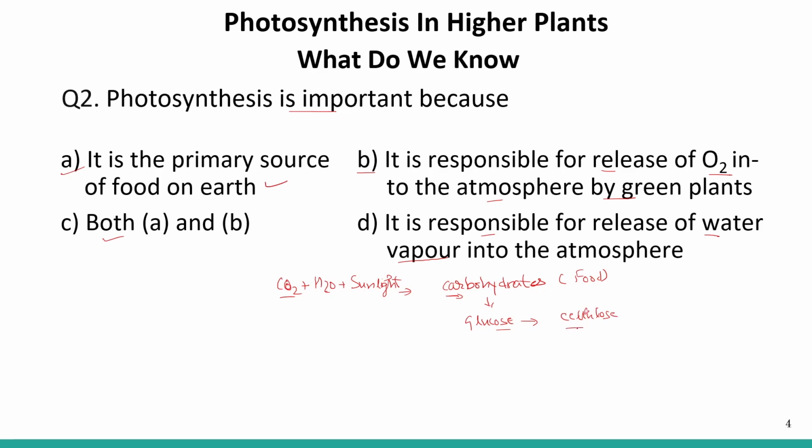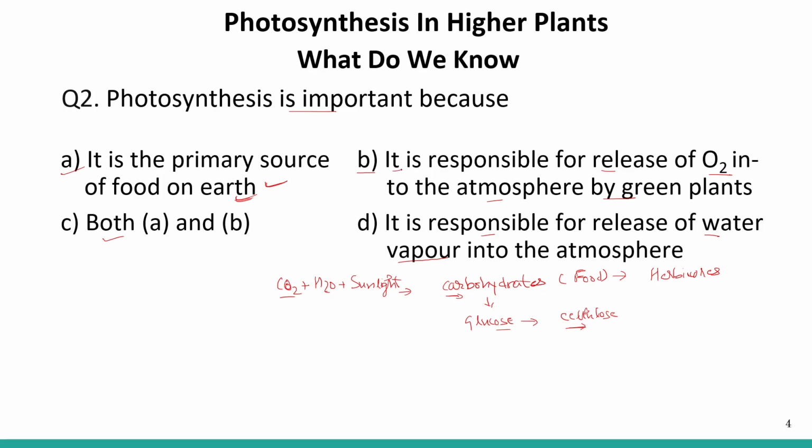These materials are then used by the plants to form different structures, and are also utilized as food by the herbivores. So this point is correct: photosynthesis is the primary source of food on earth. Photosynthesis is also carried out by algae and cyanobacteria, which are blue-green algae.